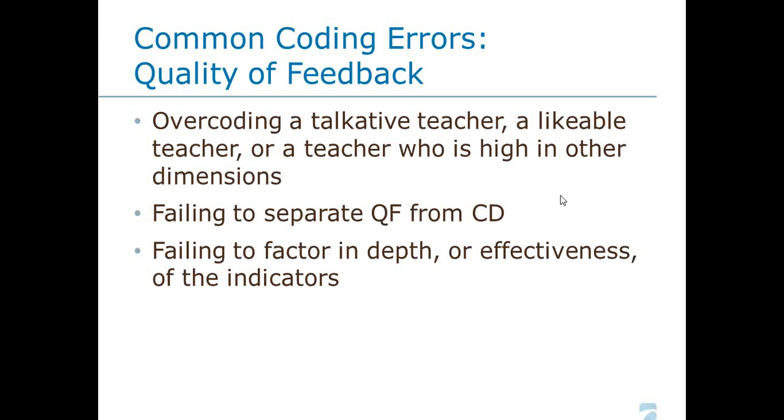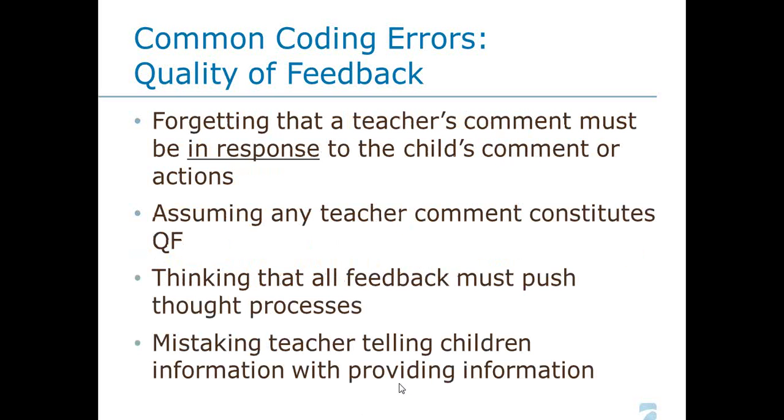Also, with quality of feedback, a teacher's comment must be a response to something that a child has said or done. And any comment does not constitute quality of feedback. Just because there's a lot of language doesn't mean that the teacher is necessarily providing a lot of quality, a depth of feedback. So you need to be really careful there.